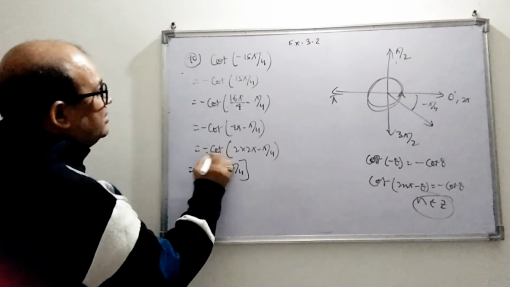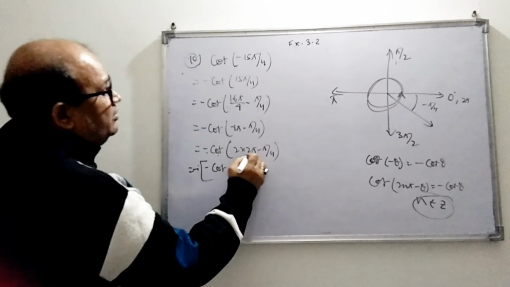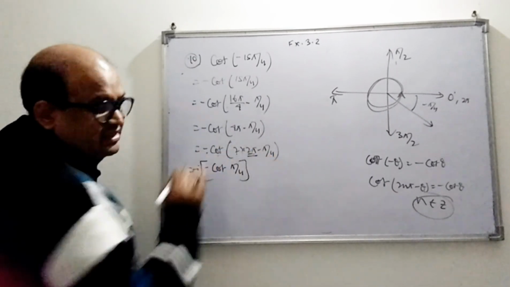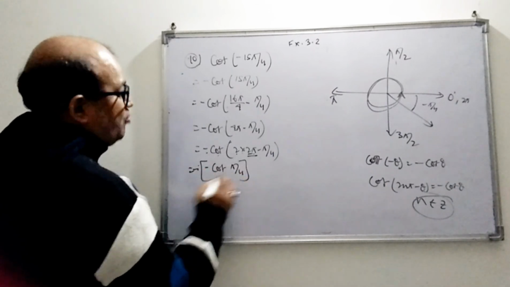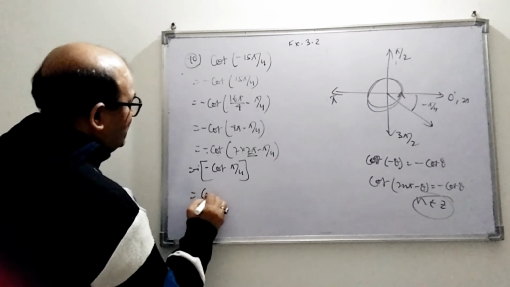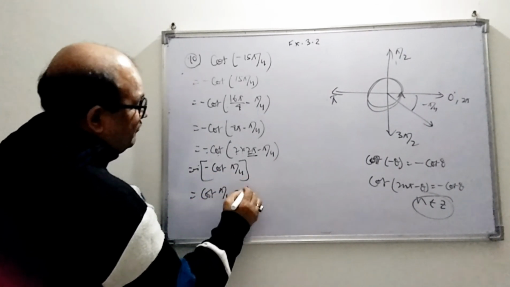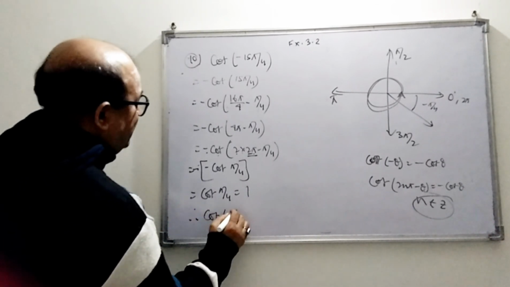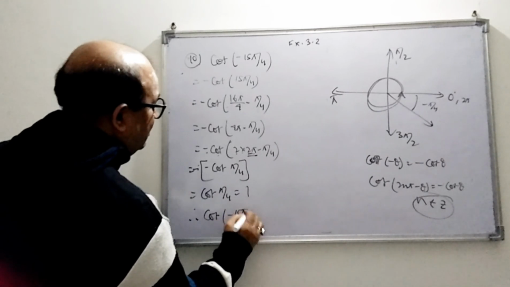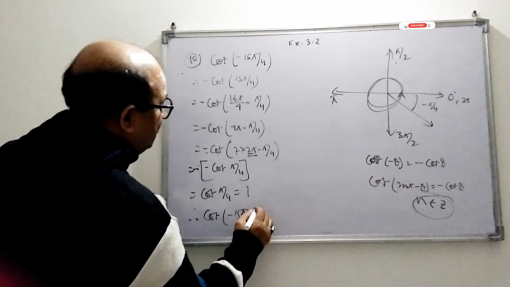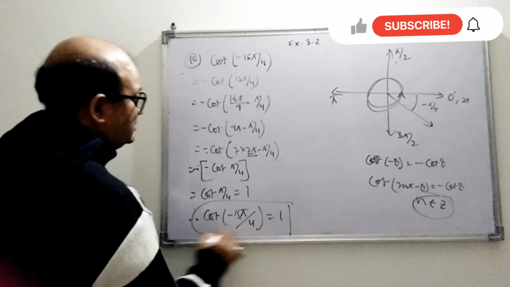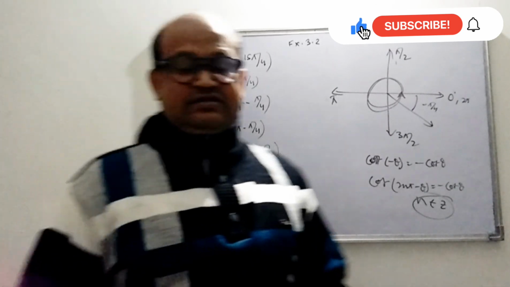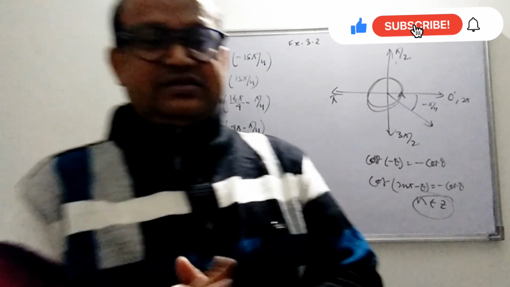Minus becomes plus, cot pi by 4, and cot pi by 4 is 1. Therefore, cot of minus 15 pi by 4 equals 1. This is your answer. With this, exercise 3.2 is over.